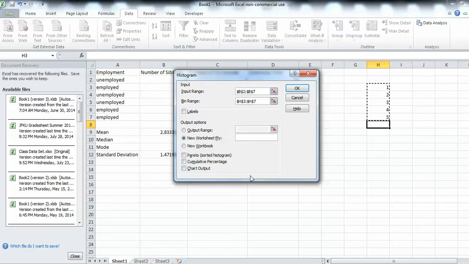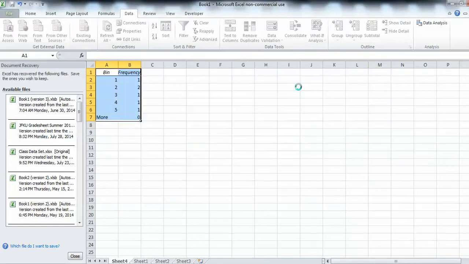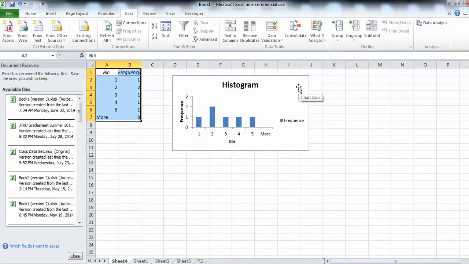Make sure you click on Chart Output so it gives you a graph, and then it'll give you a histogram right here. You see, since I entered in 1 through 5 for my bin range, it gave me a bar for 1, 2, 3, 4, and 5.